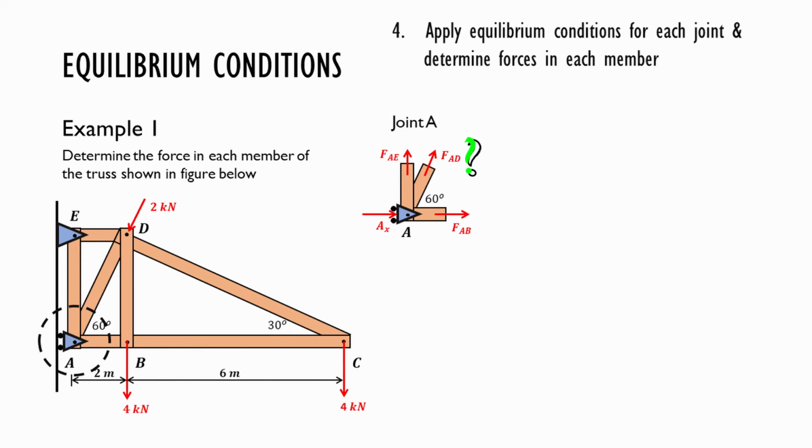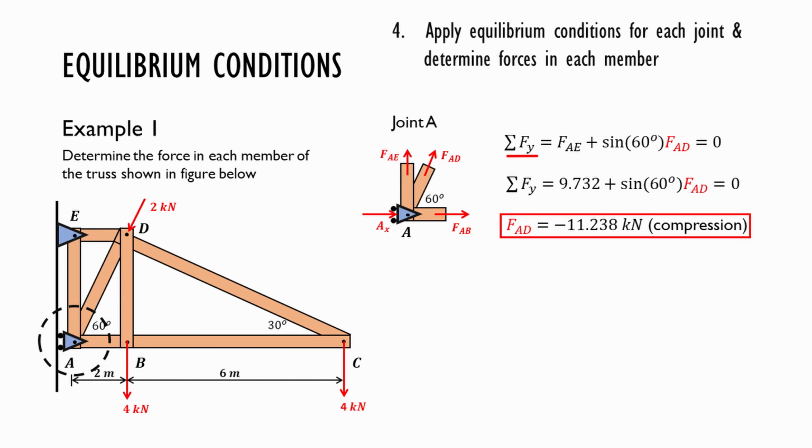Therefore, we sum all the forces in y direction first. Sigma Fy is equal to Fae plus sine 60 degree times FAD equals 0. Since we already know Fae as 9.732, we can solve for FAD, which is negative 11.238 kilonewton. Since it's negative, the member is in compression.